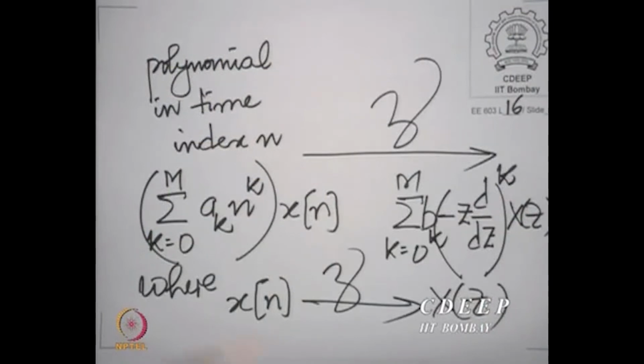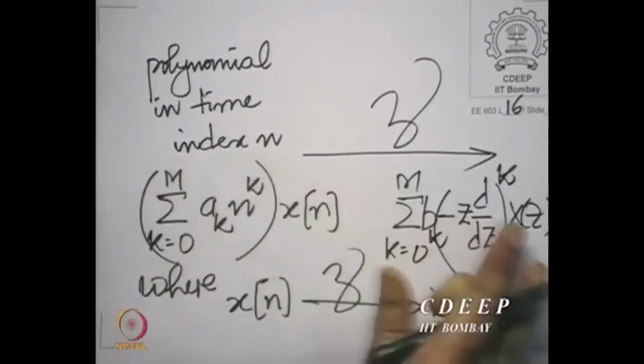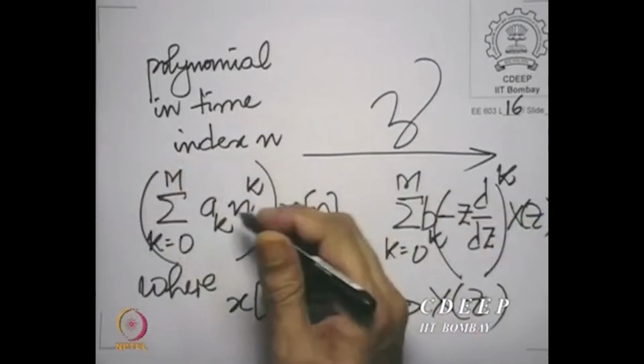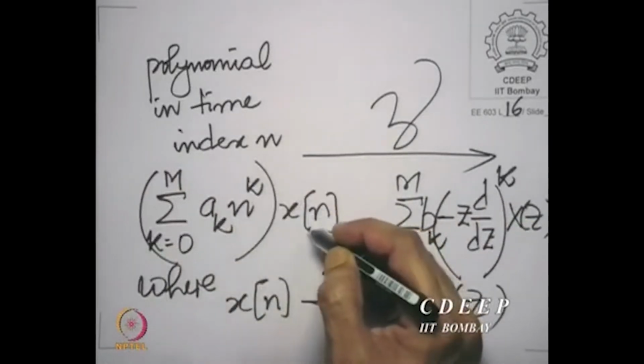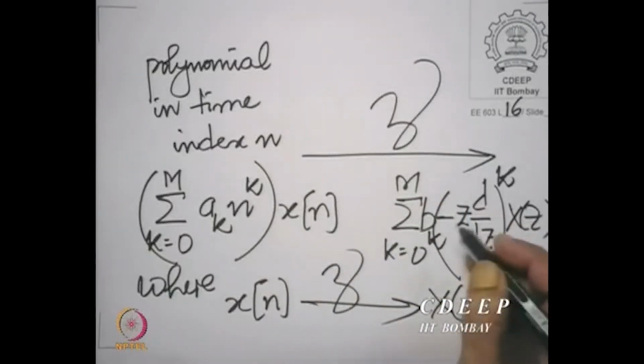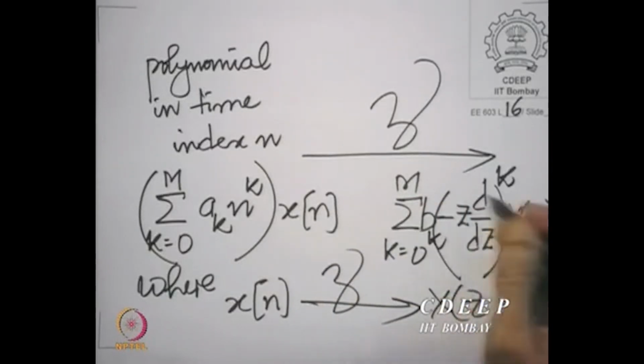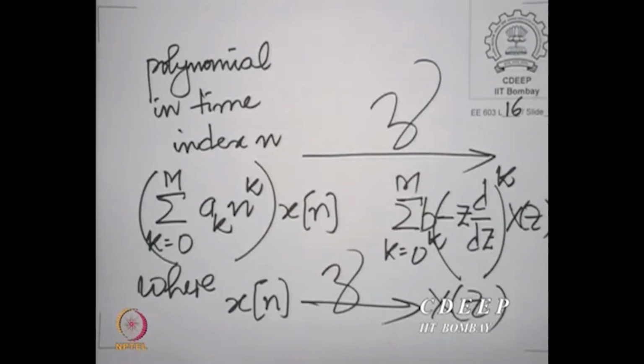So essentially there is a one-to-one association in the z domain between a polynomial in the time index multiplying the sequence and a polynomial in this operator minus z d/dz operating on the z transform. I have also asked you to put down this relationship precisely by using inductive reasoning; I have left it to you as an exercise.